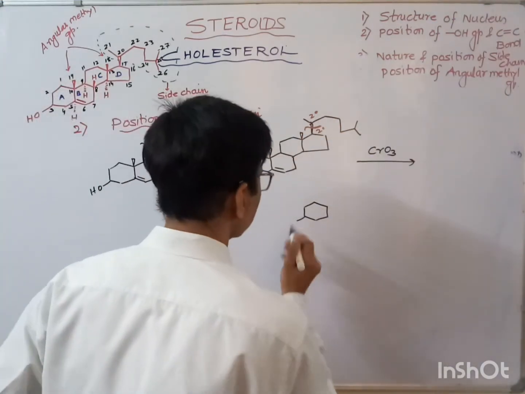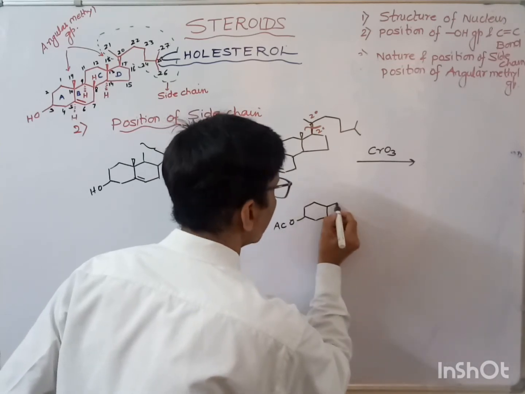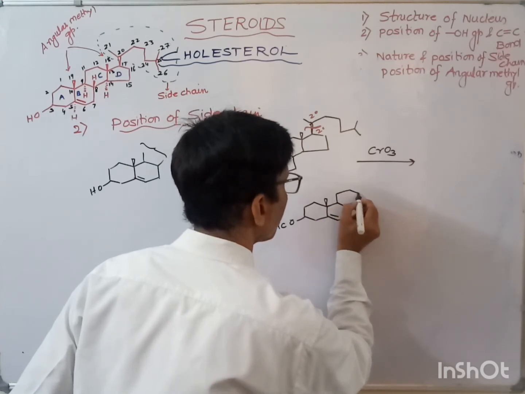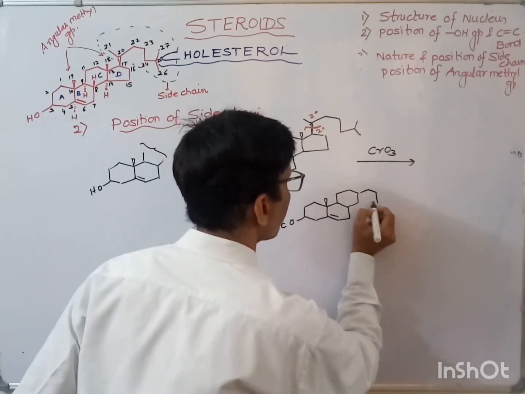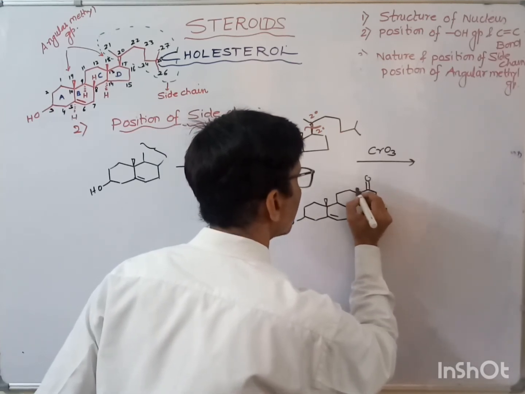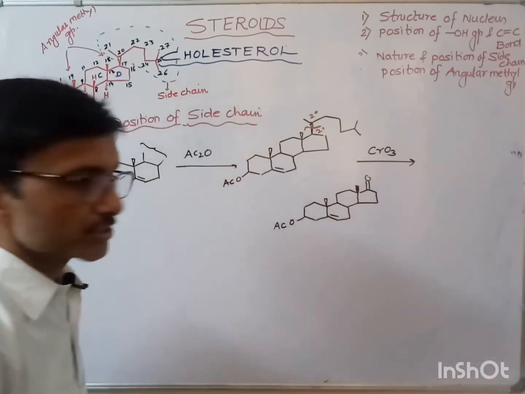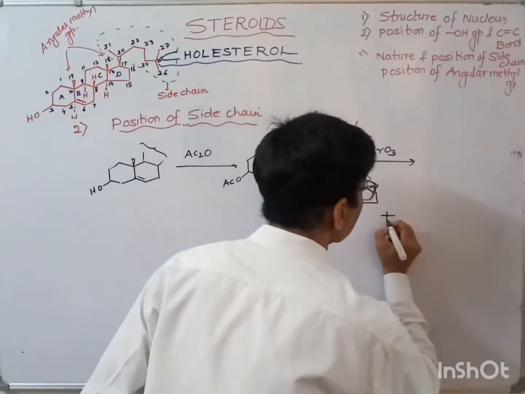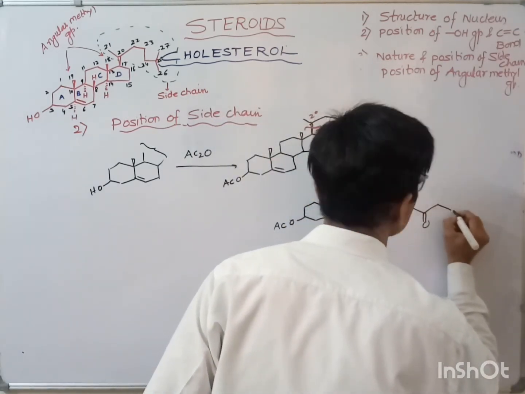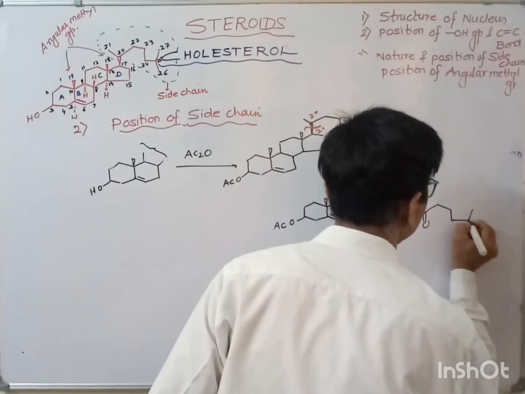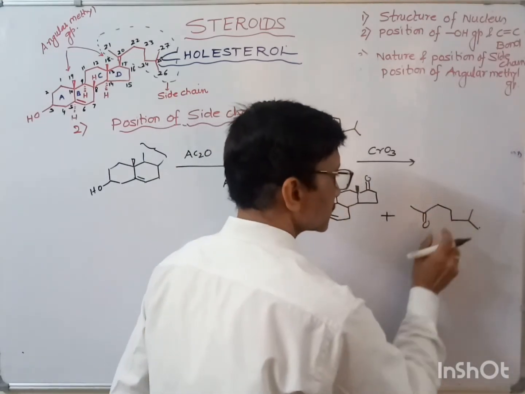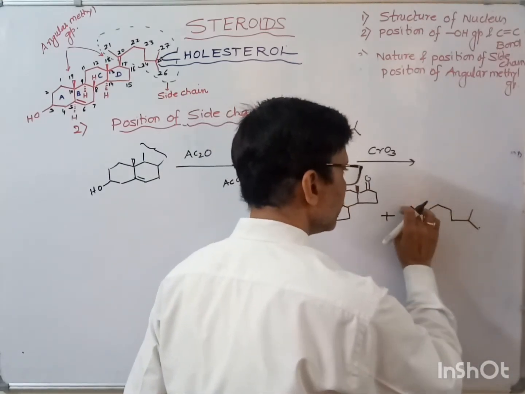So we can write OAc, and this is one of the products, and another ketone that was obtained. This is 1, 2, 3, 4, 5, 6. This is isohexyl methyl ketone.